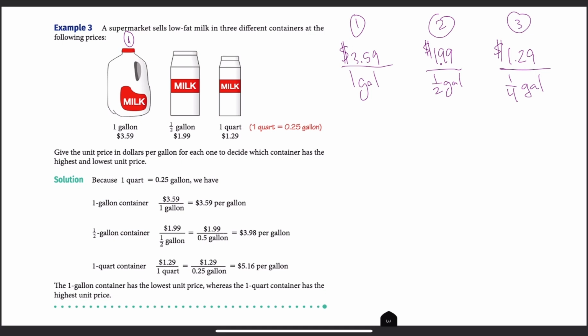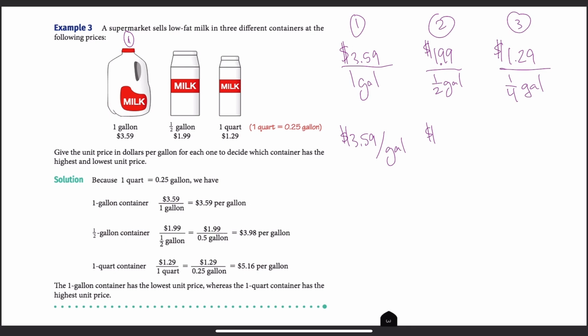Now the trouble is, it's still kind of hard to compare these exactly. So what we need to do is we need to do the division, and once we do that division, we'll have it per 1 gallon. So this one's easy for us. This is $3.59 per 1 gallon, because 3.59 divided by 1 is 3.59. Now over here, 1.99 divided by a half.